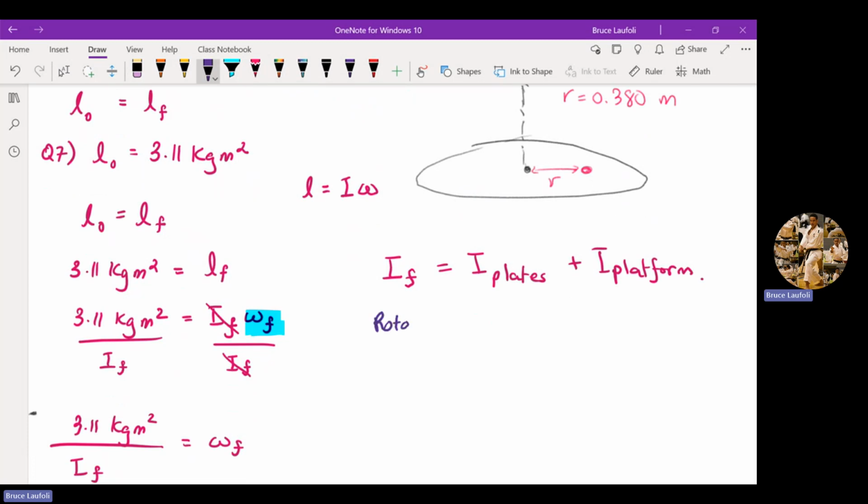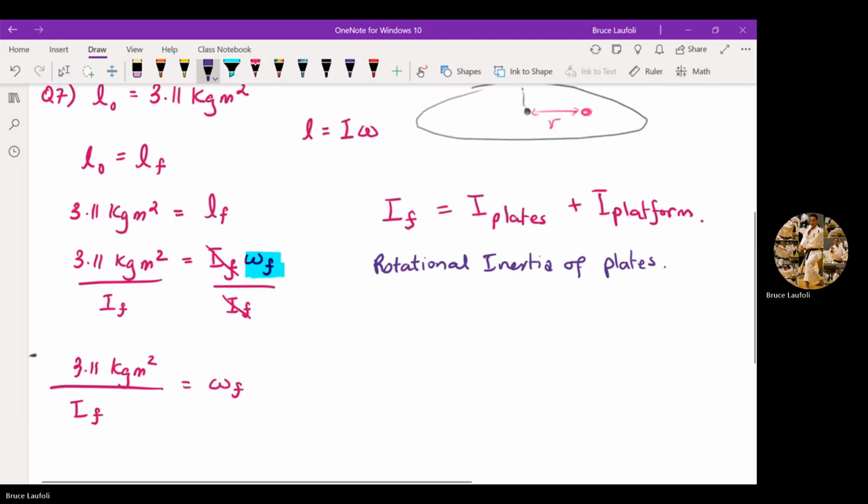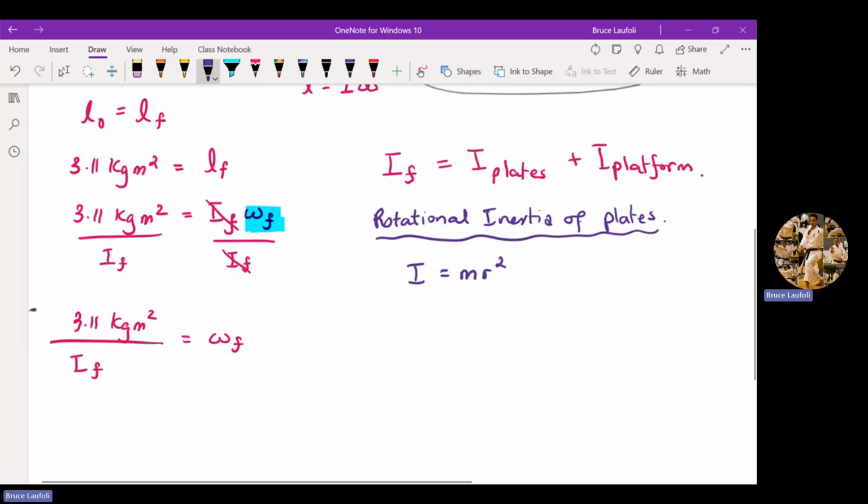The rotational inertia of the plates should be I is equal to m r squared. So I is equal to 1.80 multiplied by 3, because there are 3 plates, kg, multiplied by the new radius, 0.38 squared.